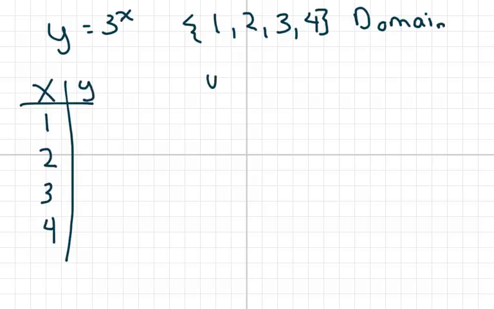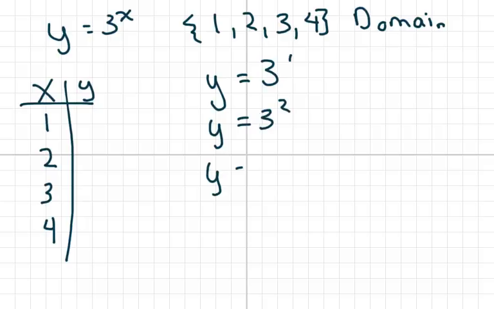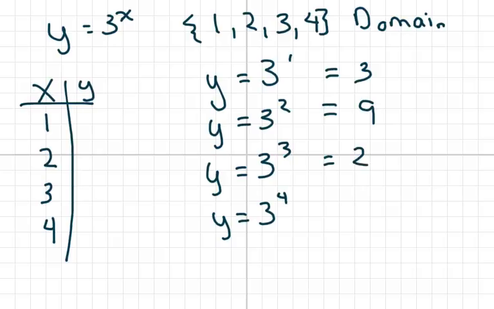So basically I'm going to write y and substitute my domain values for x. And y equals 3 to the 4th. And this is going to be 3, 9, 27, and 81.